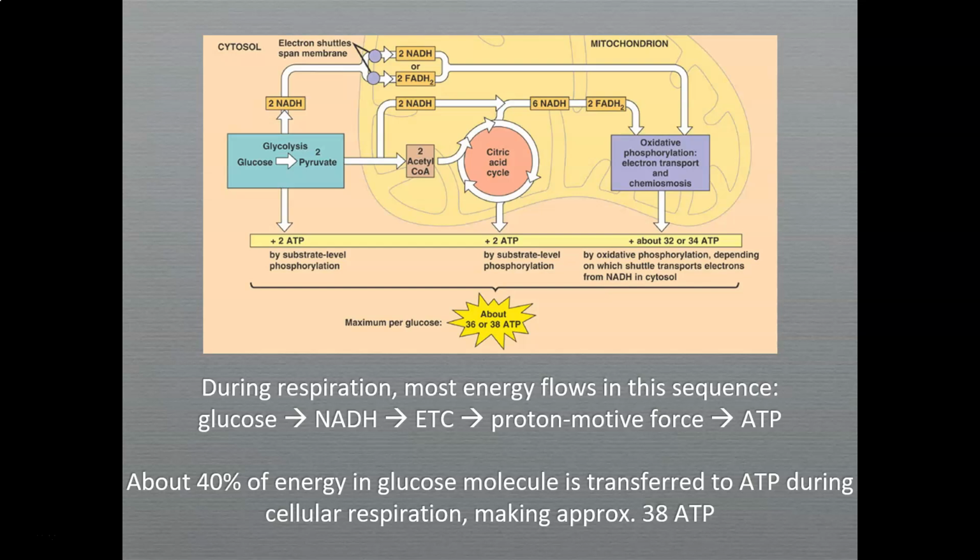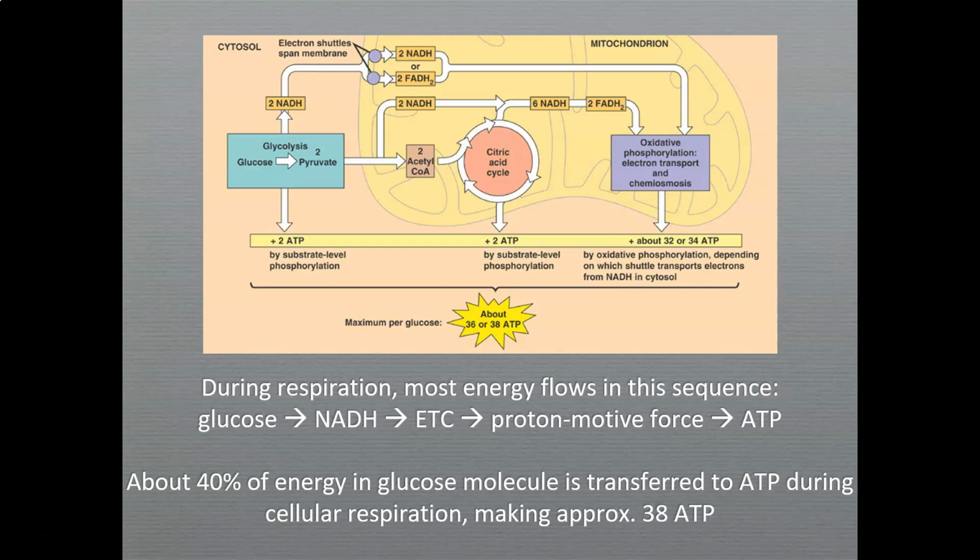That number at the end can range. Sometimes it's even lower, right? We can talk more like 26, 28. Sometimes you get a really efficient system, and you may see up to even as much as 40 ATPs. So there's a range here.